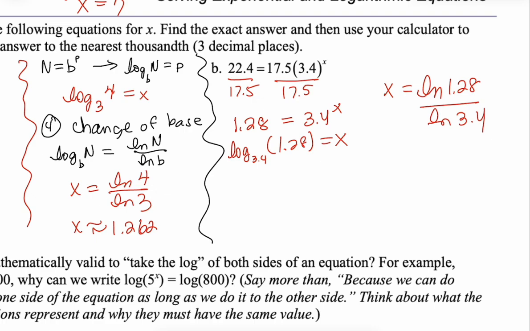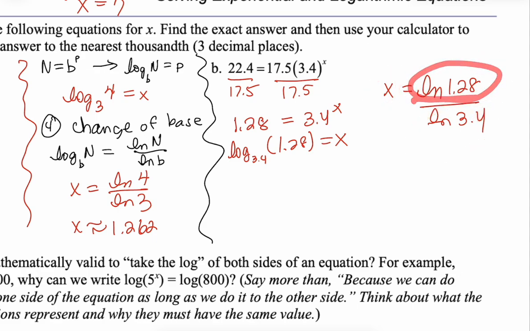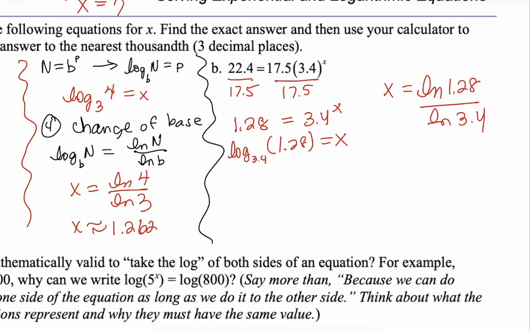So we could have done that even right here. What's our base? 3.4. What's our number? 1.28. Natural log of the number over the natural log of the base equals the power. Let's add to our little formula over here that this is equal to the power. Okay. So both of those are the exact version of our answer.